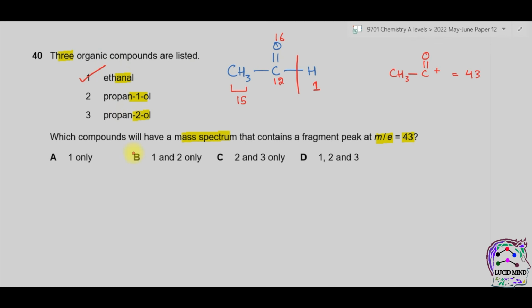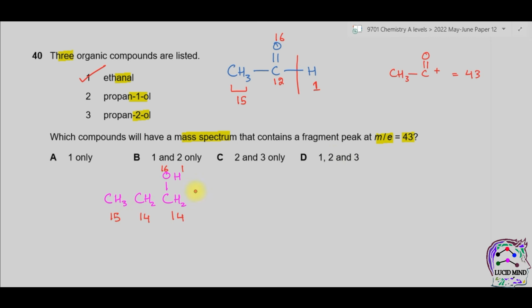Second one is propan-1-ol. Let's draw the structure of this one. Propane means we have 3 carbons, 1, 2, 3. And on the first carbon we have an OH group also present. So let's do the same. We have carbon and 3 hydrogens, so it is 15. This one is 14, this one is 14, 16 and 1.